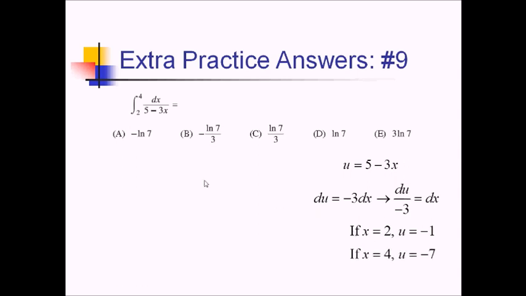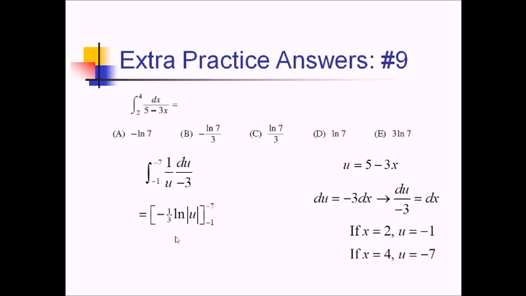So I've got the integral from negative 1 to negative 7 of essentially du over negative 3, and we have a u as well in the bottom there. So this is going to be negative 1/3 ln of absolute value of u when we take that antiderivative. And I'm doing that from negative 1 to negative 7.